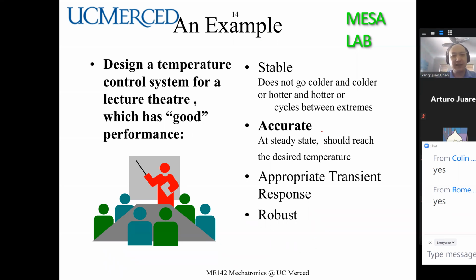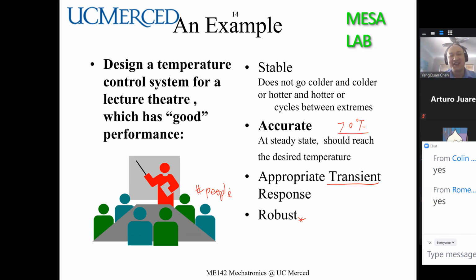And it's accurate, meaning if I want 70 degrees Fahrenheit, it should be around this. Better to have no steady state error. And if I want to change, it should be changed fast. It's called transient. The response should be fast. Robust means if you have a different number of people in the room, then your heat capacity is different, because everybody is a heater.